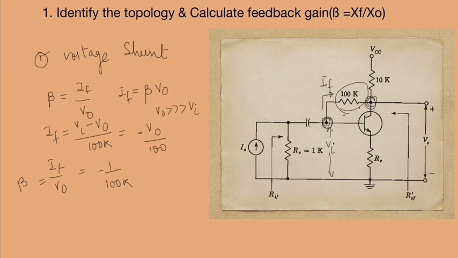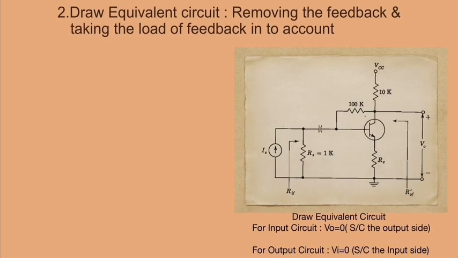Now, we will move forward to the second step, which is to draw the equivalent circuit, removing the feedback and taking the load of the feedback into account. To draw the equivalent circuit, we have to follow certain rules, and the rules are based on the topology.